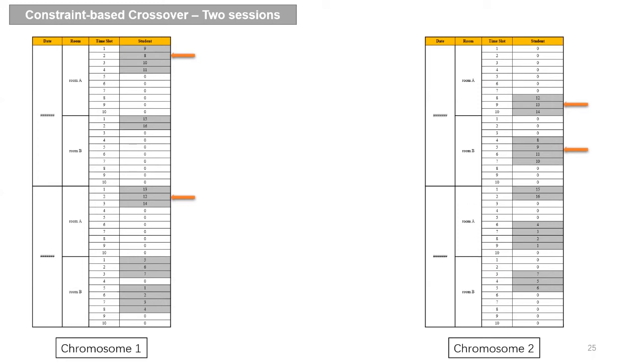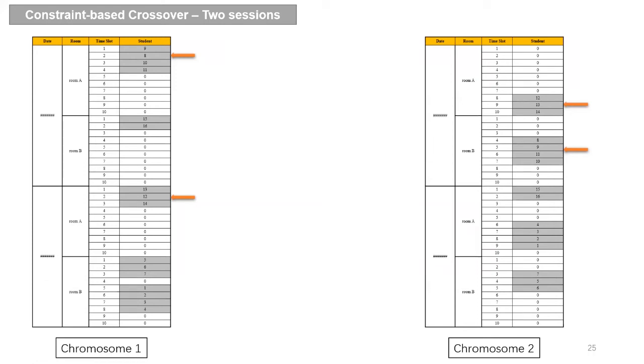Therefore, we designed a special crossover operator, what we call the constraint-based crossover. So in this crossover, in the first step, two parent chromosomes like this will be selected, and then two random sessions will be selected from each of the chromosomes. So these two sessions could be either a real session or a zero session. A zero session means no student is placed in this time slot.